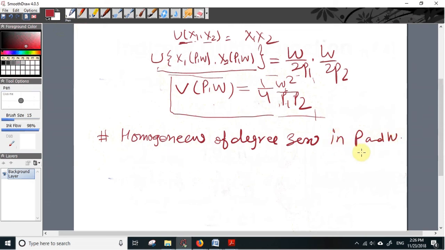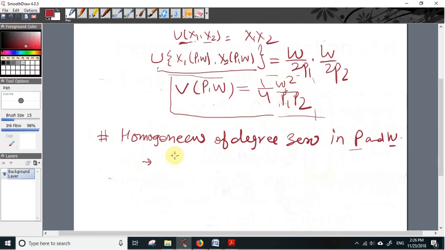This means if we increase prices and income by some constant ratio, the maximum utility attainable will not change. So to show this, let us increase w by k times and prices by k times.